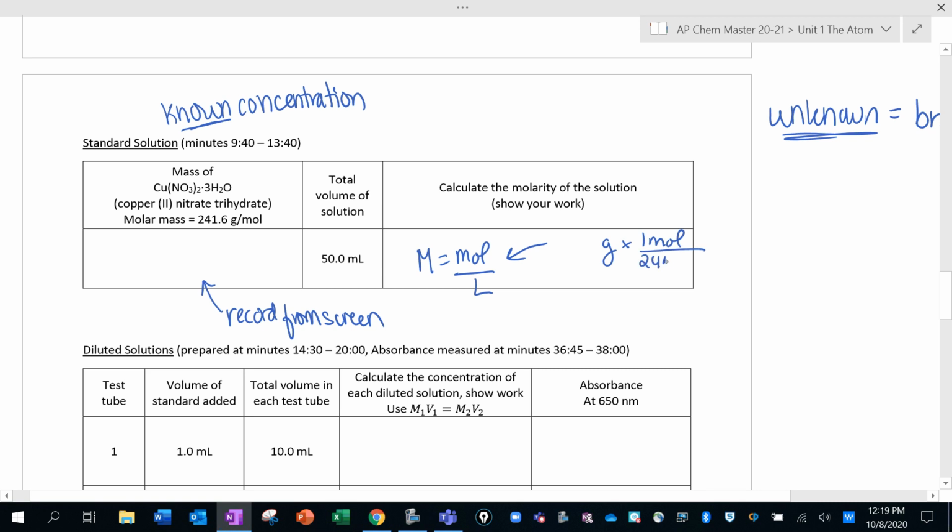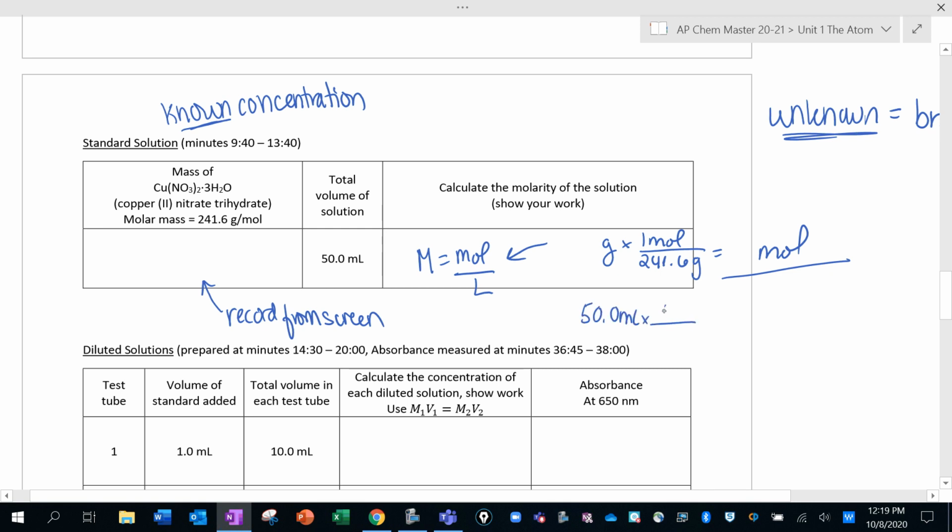The molar mass is given to you over here, so you should be able to find your moles of copper nitrate trihydrate. Then you take those moles and divide by liters, so you want to make sure that you convert your milliliters into liters.